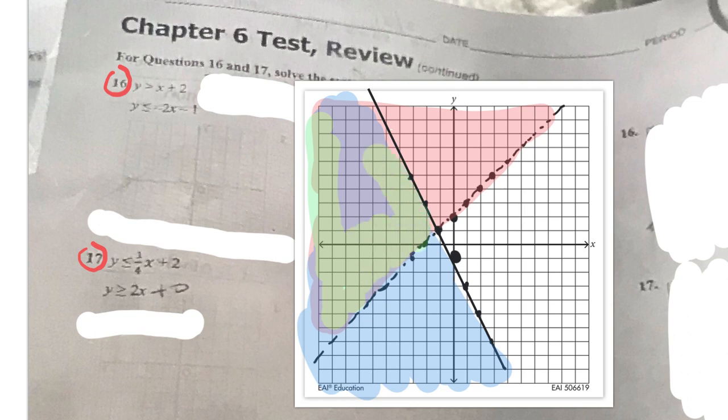Now, it is the case that this green region is the answer to this problem, okay? The green region features all of the points, the XY coordinate points, that would satisfy both of these inequalities, such that if you plug in X and Y, it would indeed be true that Y is greater than X plus 2. And if you plugged in X and Y here, it would indeed be true that Y is less than or equal to negative 2X minus 1.